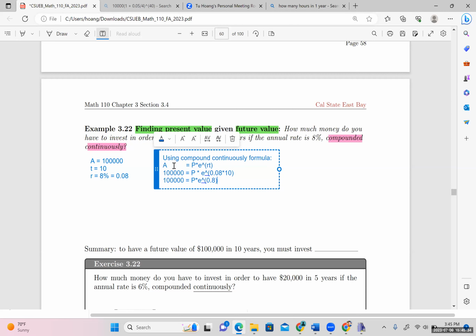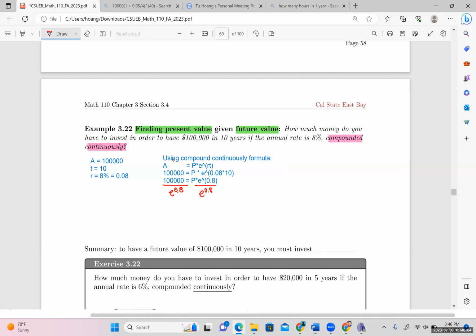Okay, I want to find P. Then I need to divide both sides by E raised to power 0.8, to get rid of it on the right-hand side.